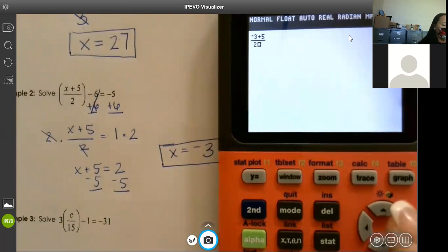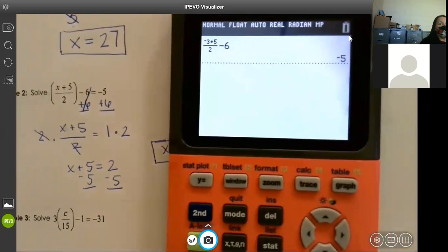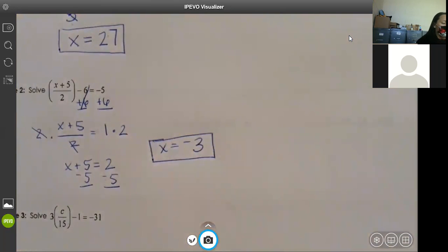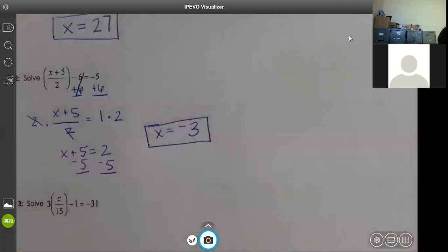On the bottom, there's a 2. And then we had a -6. That does give us -5, so we know we got it right. Okay, so it takes 2 seconds to just check it really fast. I don't require it, but it might be good for you so you're not doing 50,000 questions on that app. All right, example 3.